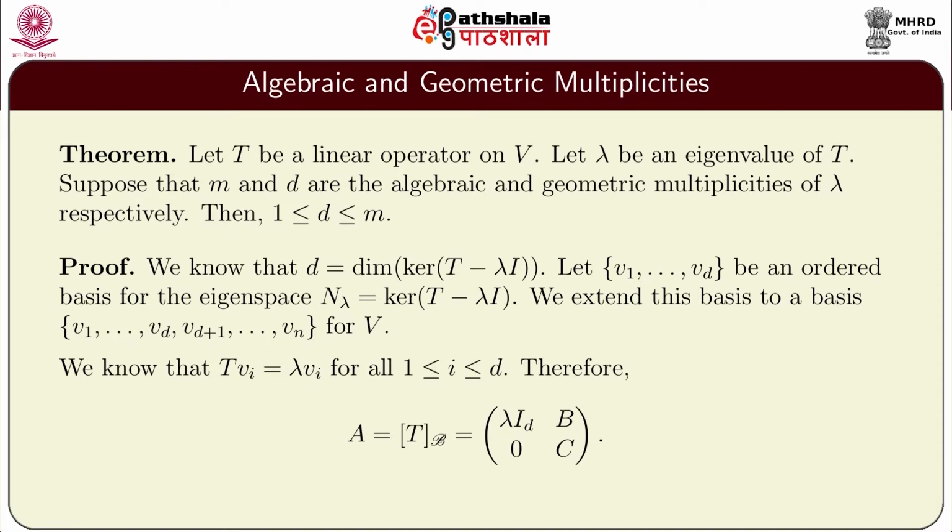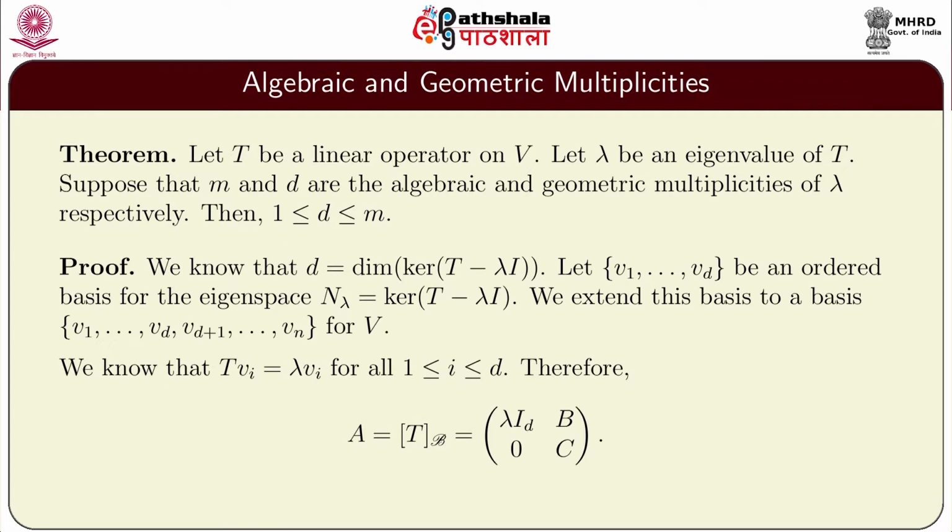Therefore, if we look at the matrix representation of the operator T with respect to this basis B, then in block form it looks like the following, that is, top left corner you see lambda I d, and then B and C are two matrices of suitable sizes, and 0 is the 0 matrix.